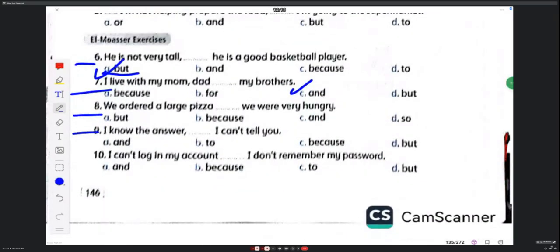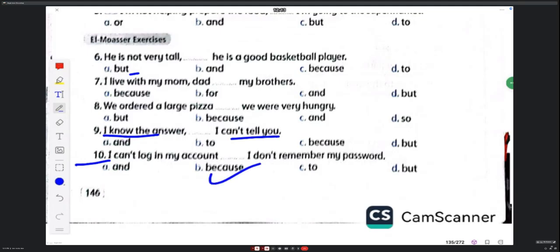Number nine: I know the answer, but I can't tell you. So we have affirmative, negative. Number ten: I can't log in to my account because I don't remember my password.